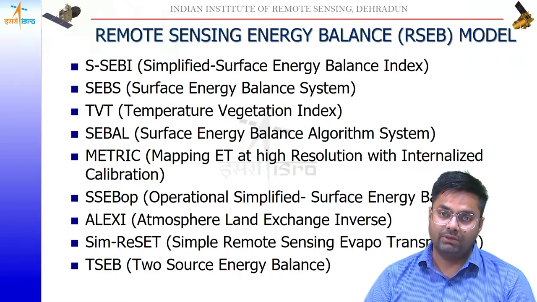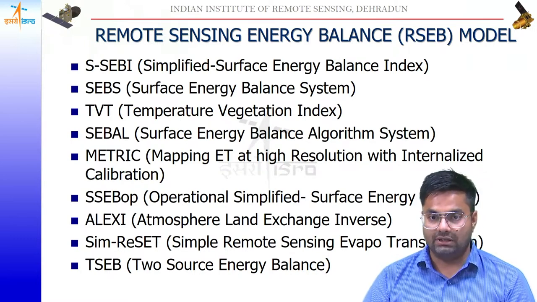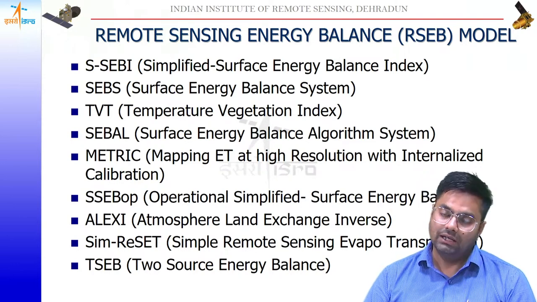While in the anchor pixel method, we have to determine very precisely what is the hot pixel and what is the cold pixel. Basically the hot and cold pixels are taken only from agricultural landscape.